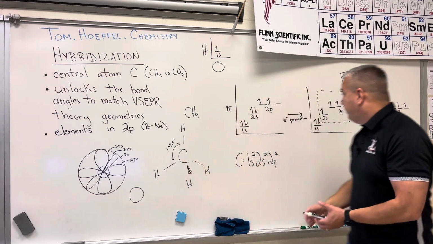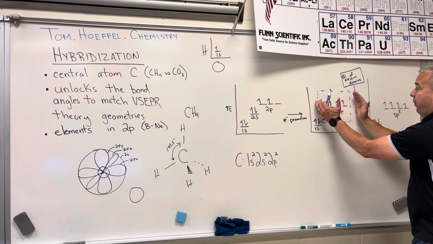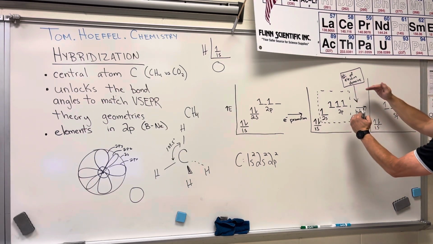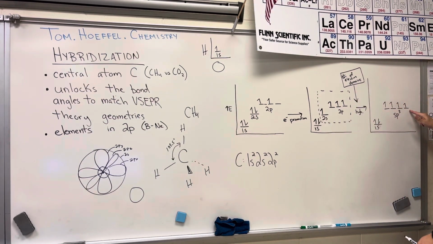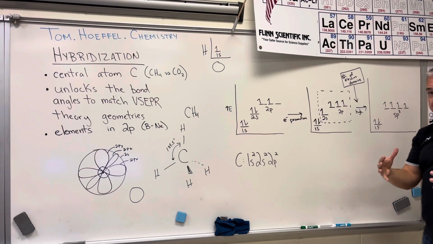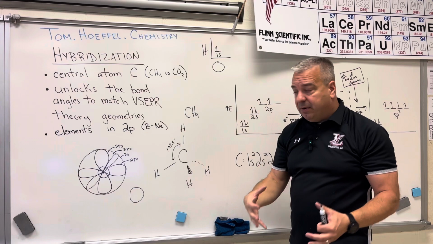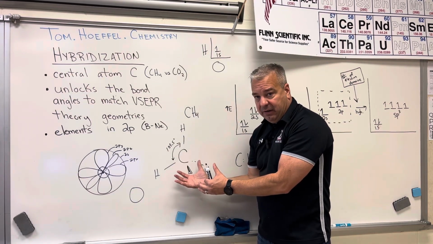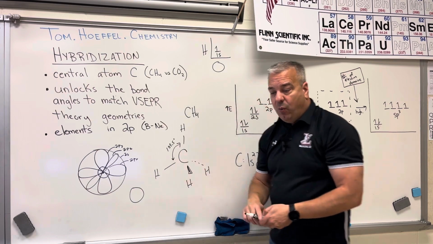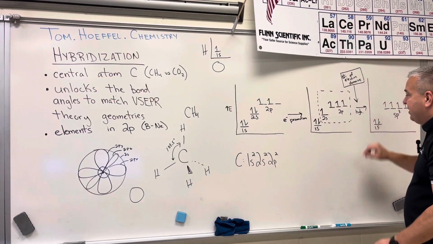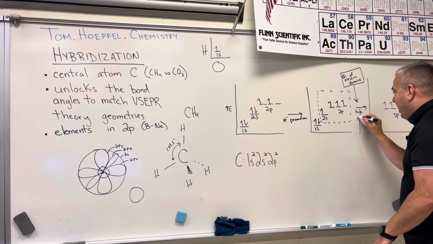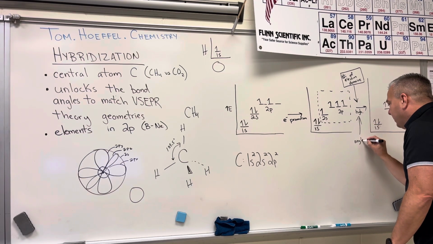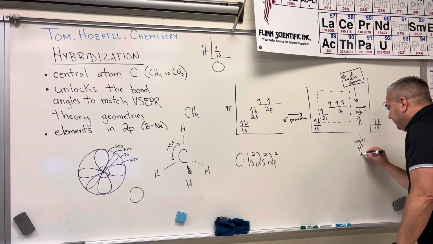In this case, there were 4, so I grabbed all 4 of them and evened out their energy so that I have 4 equal orbitals. Now, if there are 4 equal orbitals, then valence shell electron pair repulsion theory can work. So what this did during the hybridization, this is where the angles get unlocked.